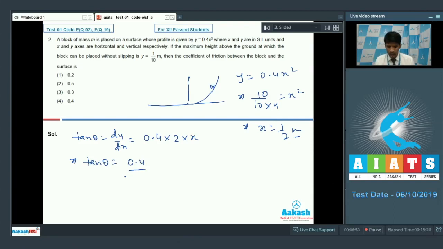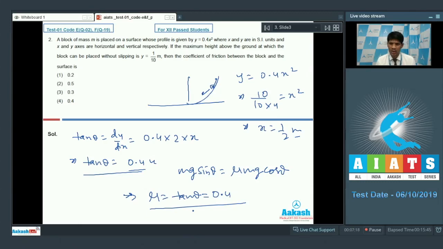So now what we can say, along this direction mg sin theta will be acting, and to oppose it along this direction it will be mu times mg cos theta. So clearly mg sin theta will be mu times mg cos theta, or the value of mu will be equal to tan theta, which we already have calculated here, that is 0.4. So this is the final answer for question number 2. So for question number 2, option 4 is the correct answer.